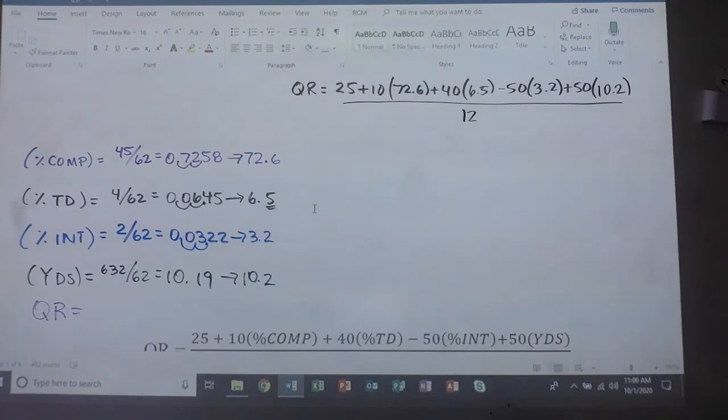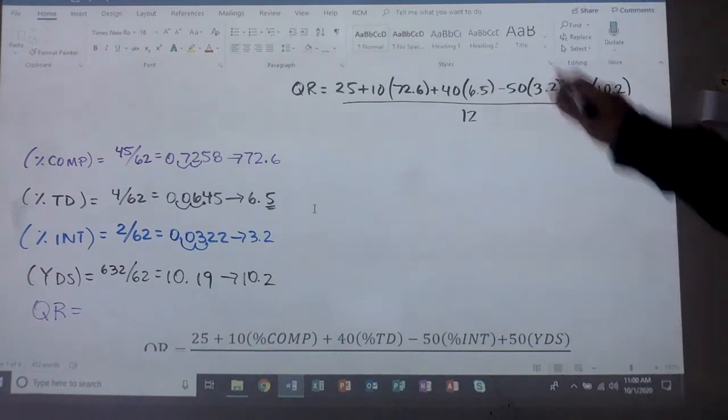All that is divided by 12. You can just put that in the calculator and it will give you the answer. My advice, do the top portion first. Once you get an answer, hit equals and then divide it by 12. Again, my suggestion, do the top portion first.